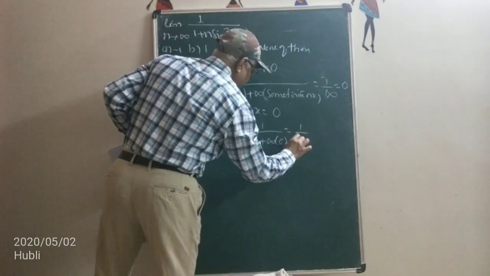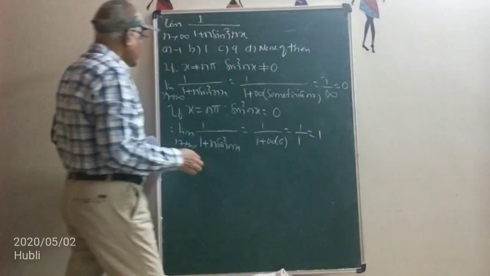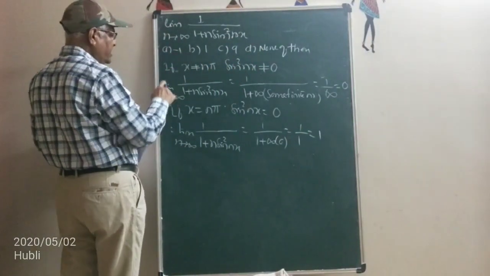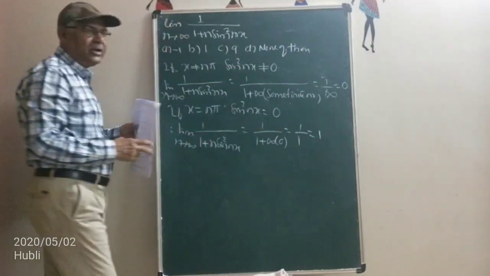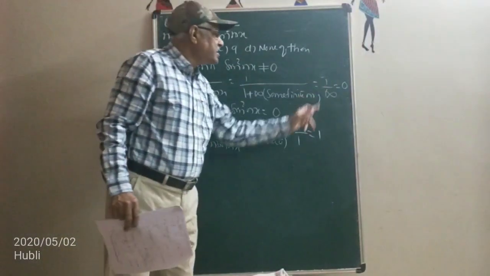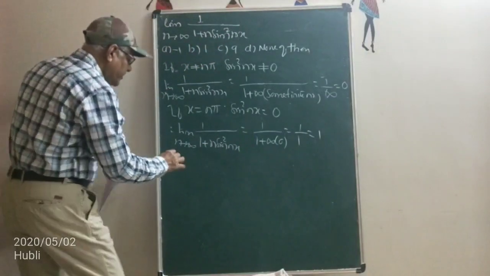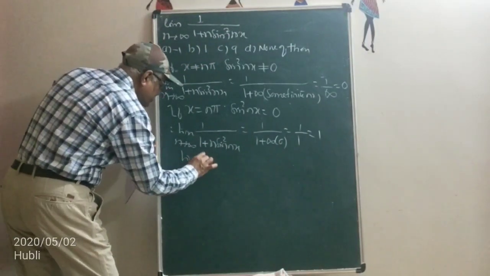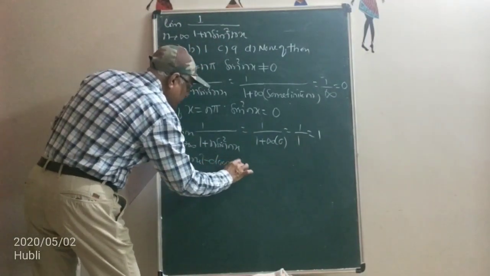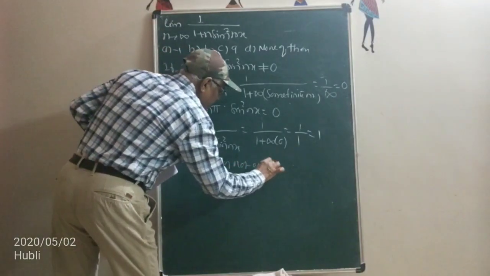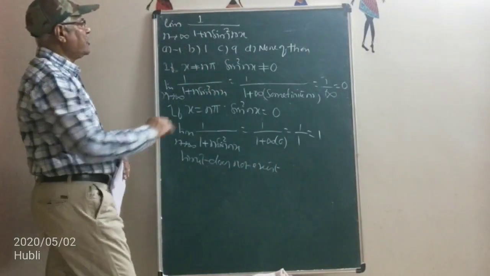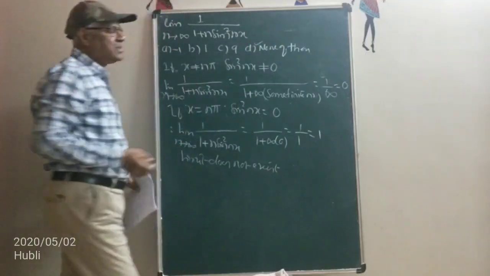That is 1 divided by 1 equal to 1. So you can say that the left hand limit and the right hand limit, both of these two limits are not equal. So that means limit does not exist. When limit does not exist, which option are you going to mark here? None of these is the answer.